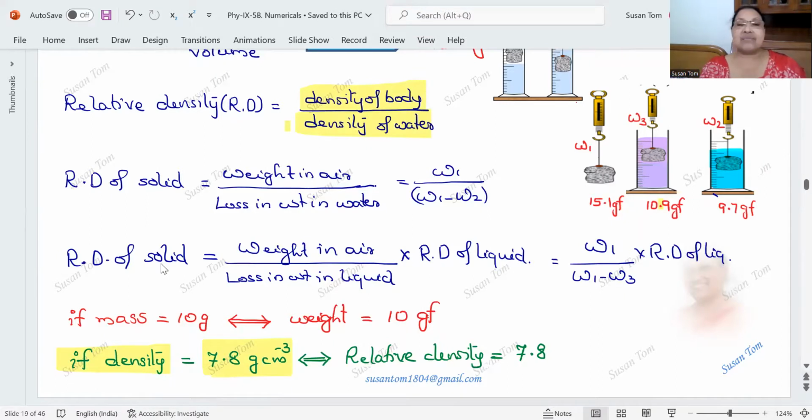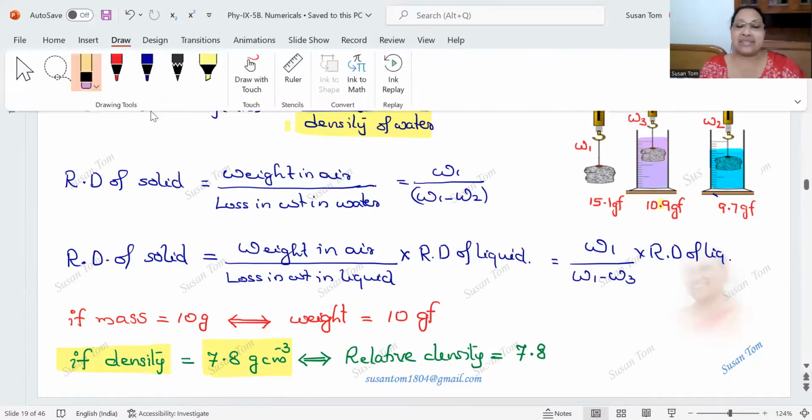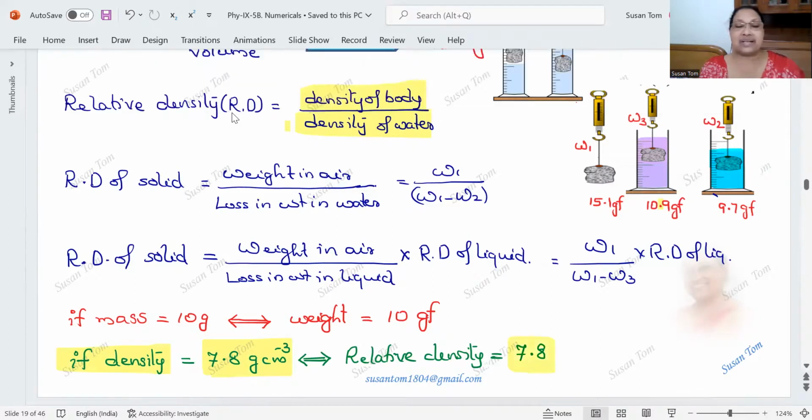In SI system, it is 1 into 10 raised to 3, that is 1000 kilogram per meter cube. So when we divide with that, the same numeric value comes without the unit because the unit gets cancelled. So if the density is 7.8 gram per cc, the relative density will be 7.8.